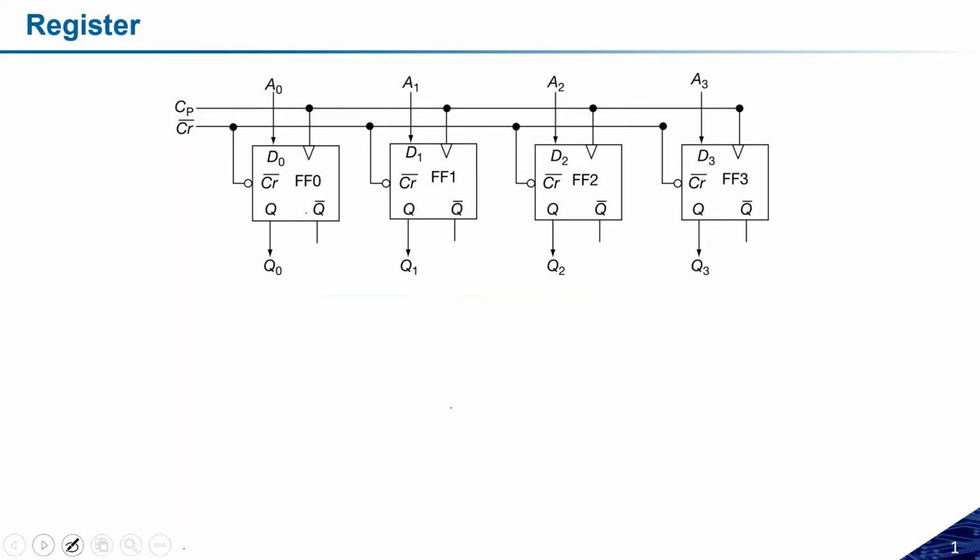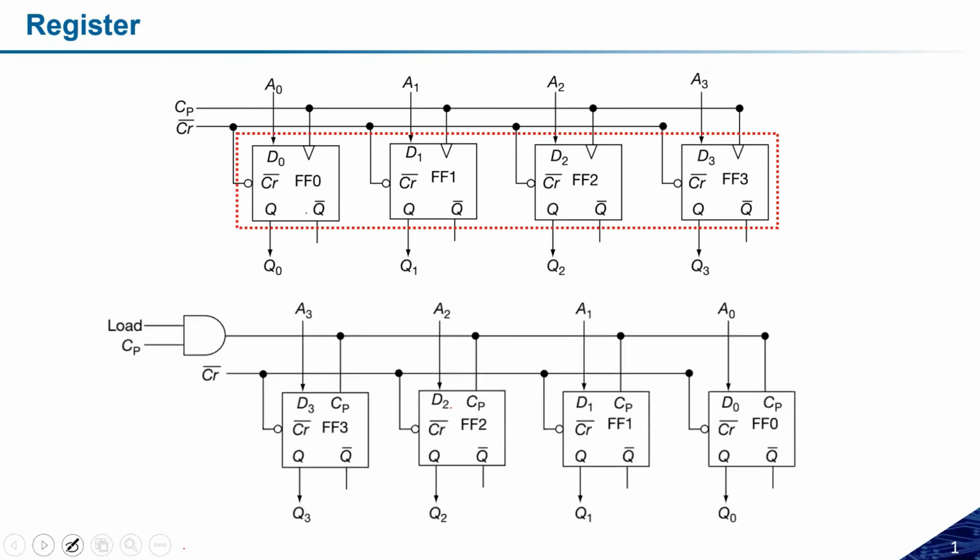Combining all these things, we can say it is a 4-bit register. Similarly, as of now, if the clock is activated and clear is equal to 0, then whatever data we have at A0, A1 and A2 will immediately be transferred to Q1, Q2, Q3, something like that.